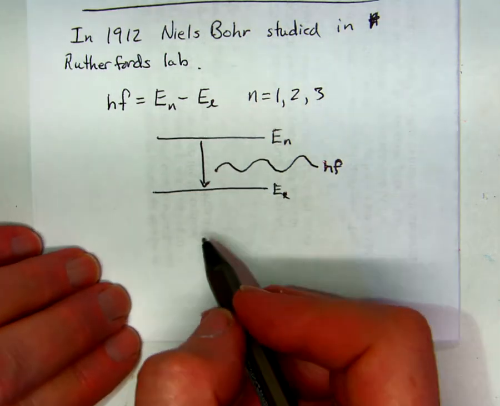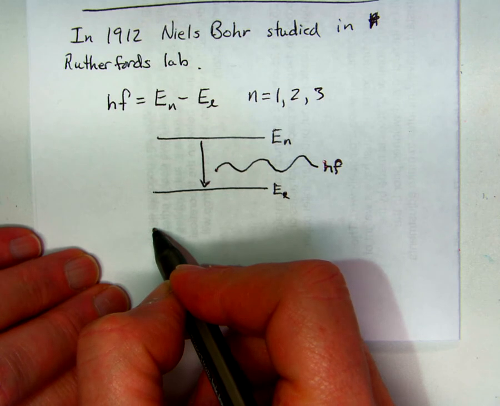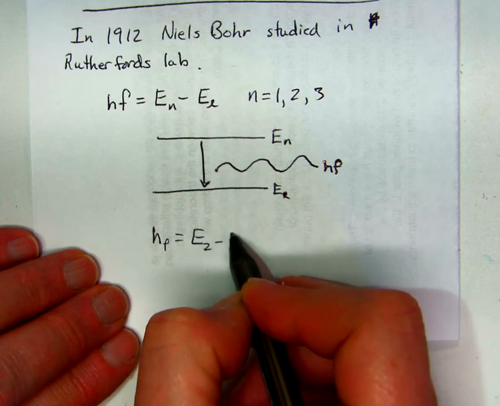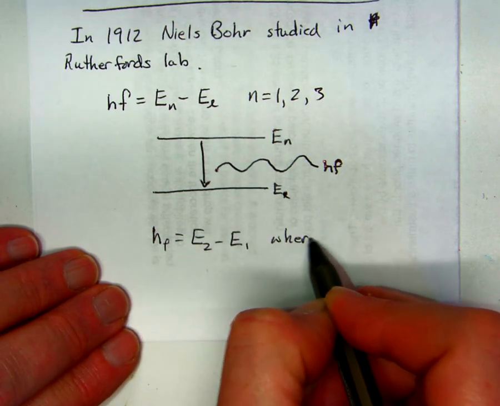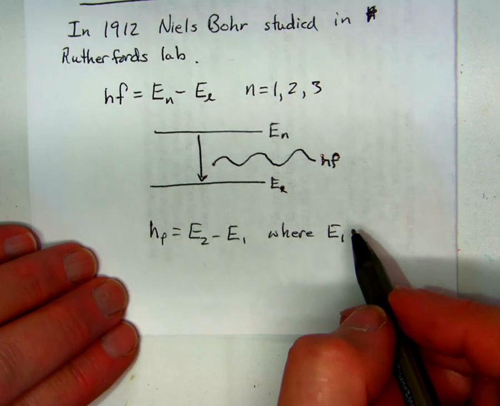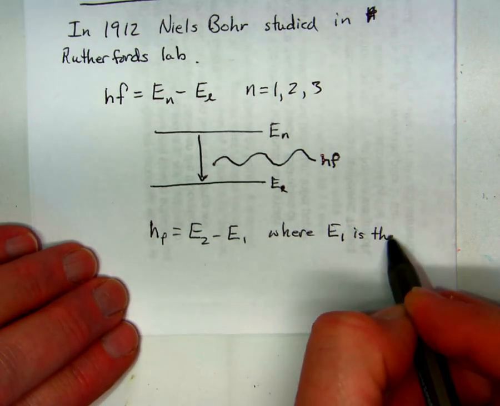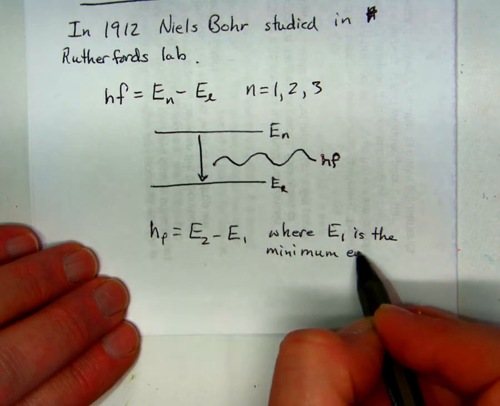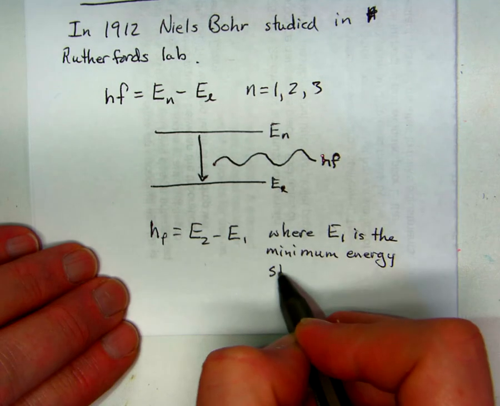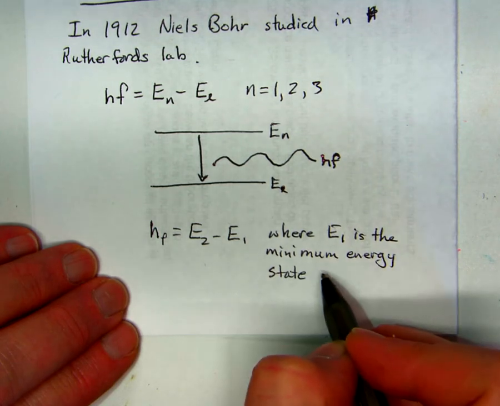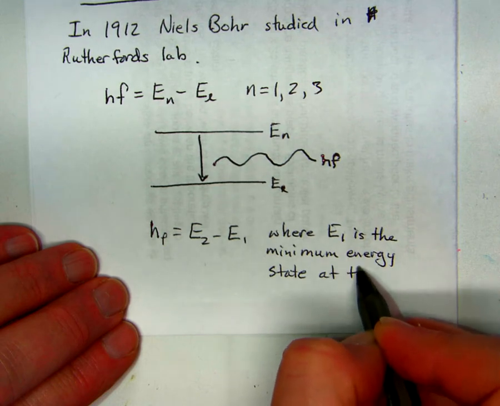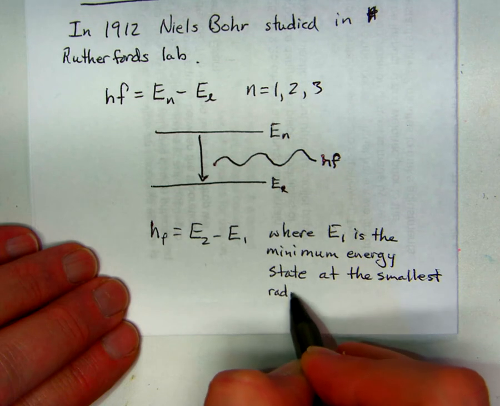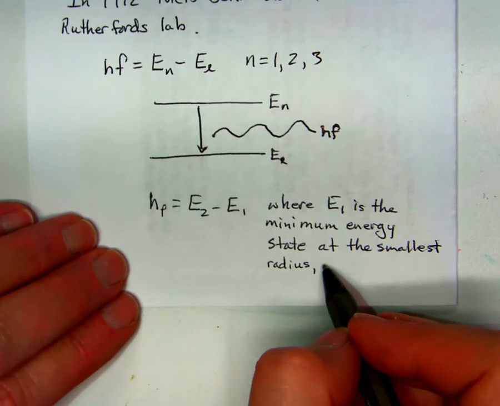So from our next level to our lowest, we had hf is equal to E2 minus E1, where E1 is the minimum energy state, at the smallest radius. And it's called the Bohr radius.